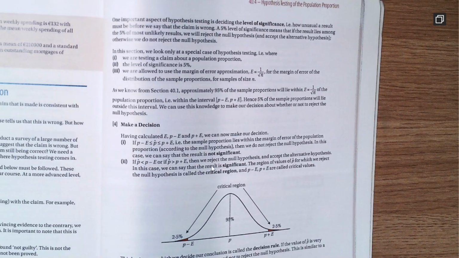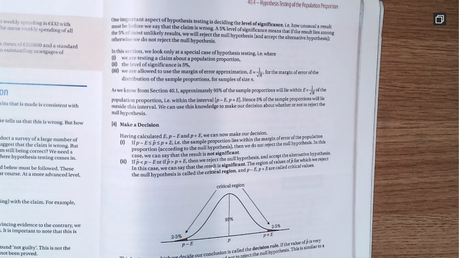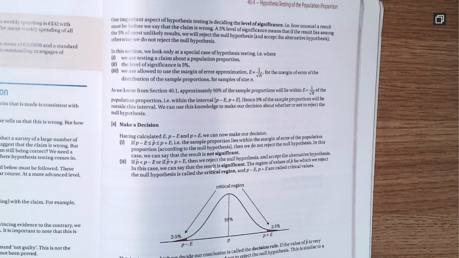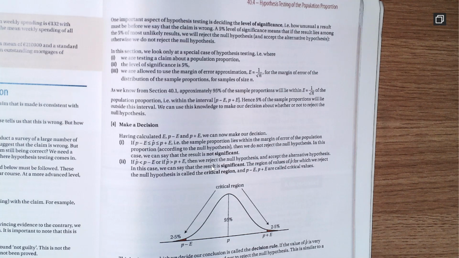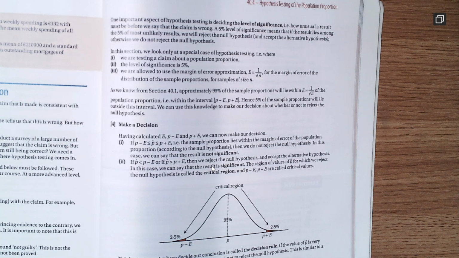Now, one important aspect of hypothesis testing is deciding the level of significance. That is, how unusual a result must be before we say that the claim is wrong.